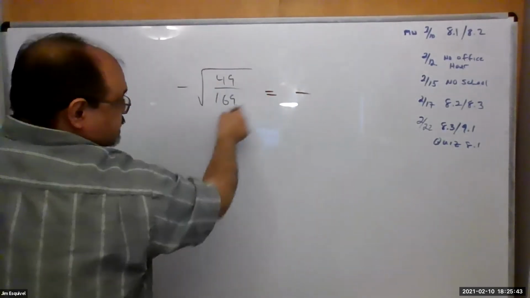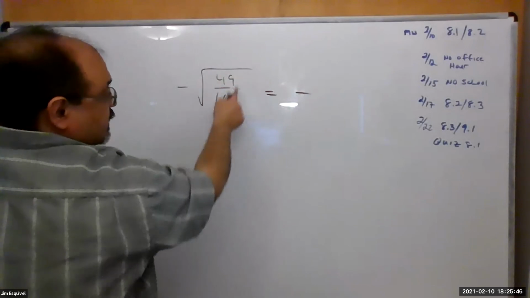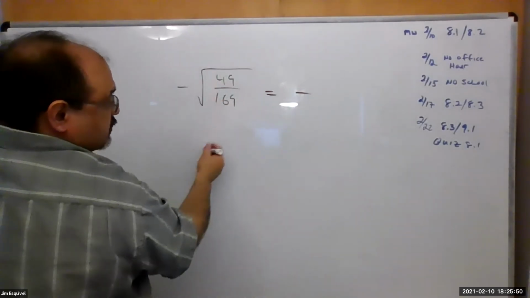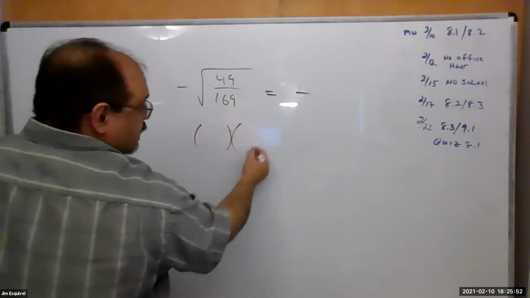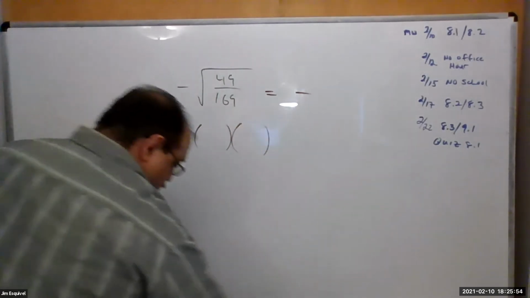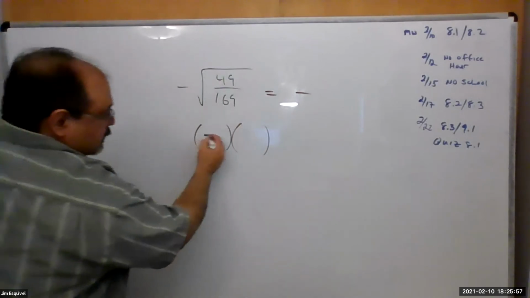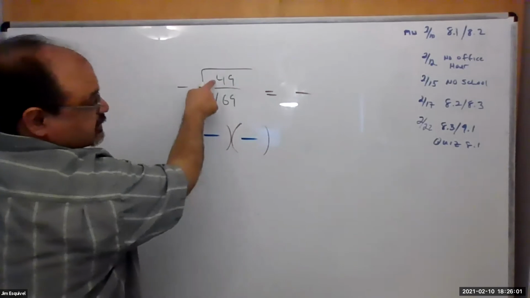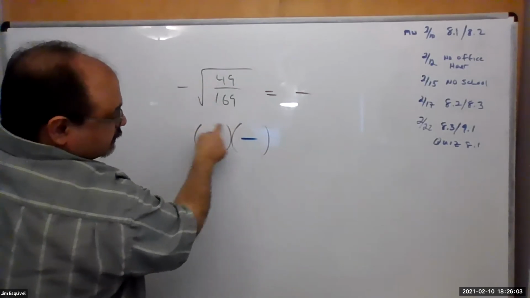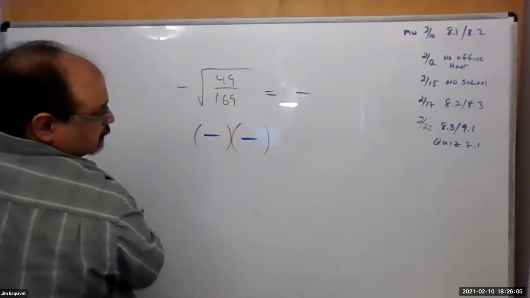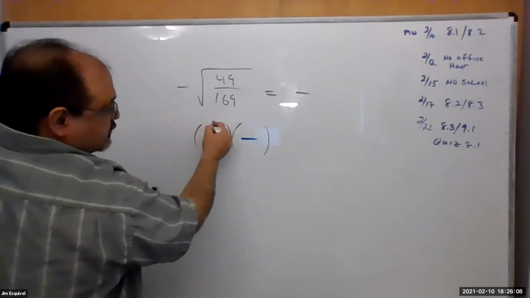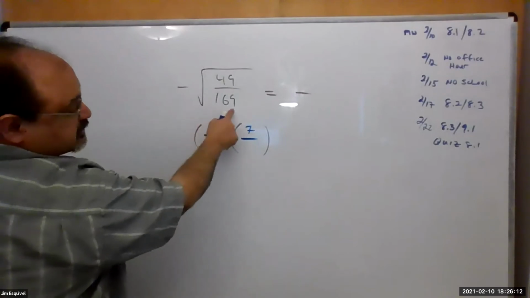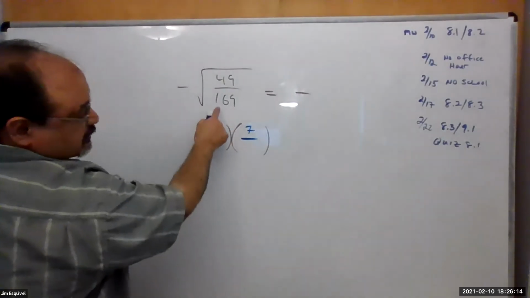The question is, what times itself gives me 49 over 169? I have a fraction. What fraction times itself, numerator times numerator, gives me 49? 7. 7 times 7. The denominator is 169. What times itself is 169?